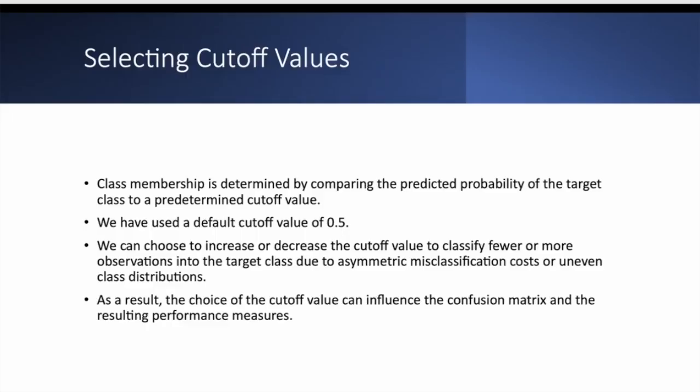And as we discussed, with imbalanced data, the analyst may choose to increase or decrease the cutoff value to classify fewer or more observations into the target class due to asymmetric misclassification costs or uneven class distributions. As a result, the choice of the cutoff value can influence the confusion matrix and the resulting performance measures. So we have an impact on this. And we will be discussing the impact of the cutoff value on the performance measures of the classification model.